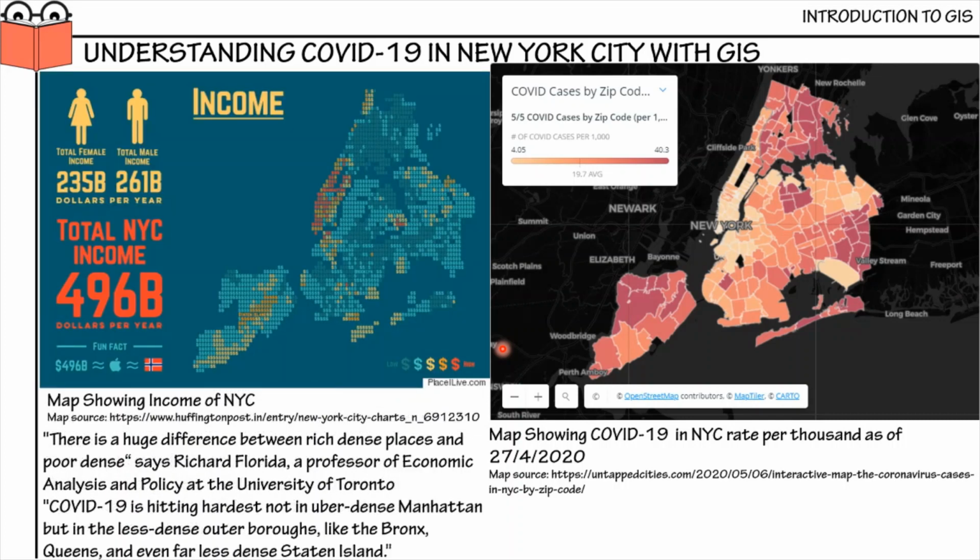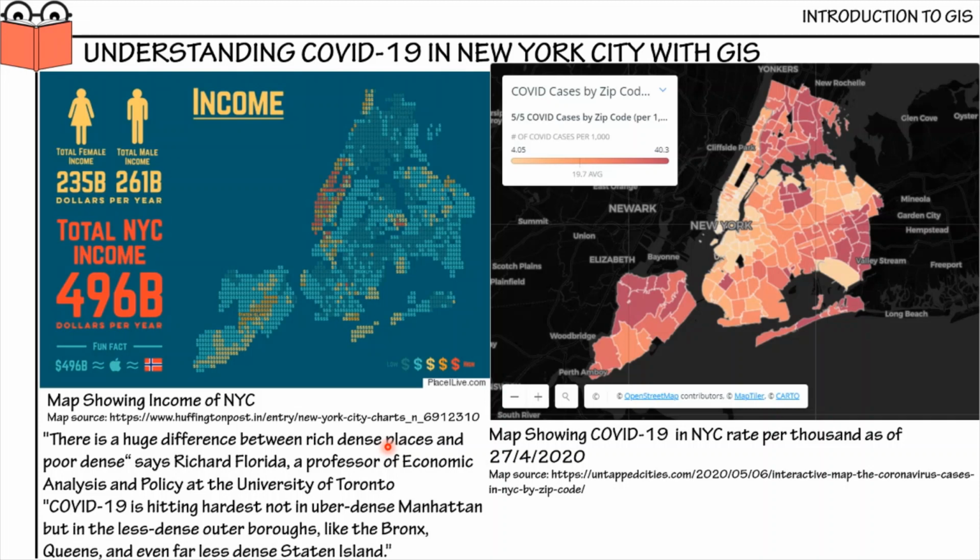There might be. So density is not the only reason. What sort of density also matters. If you look at areas like Manhattan, which is extremely dense, yes, accepted, but the density there is an urban rich density.